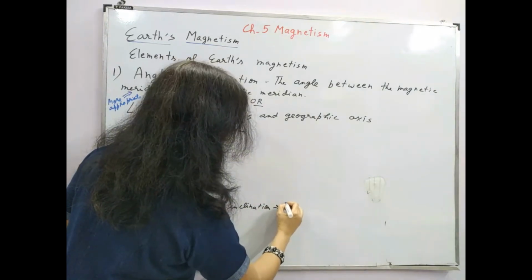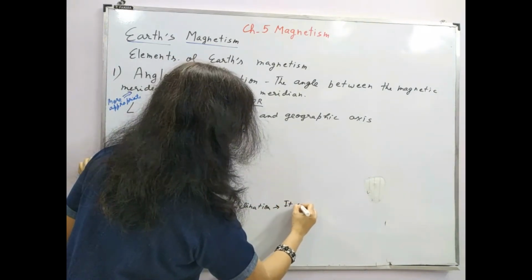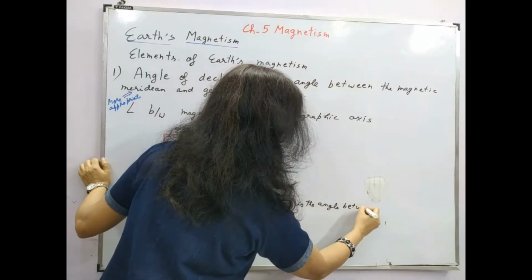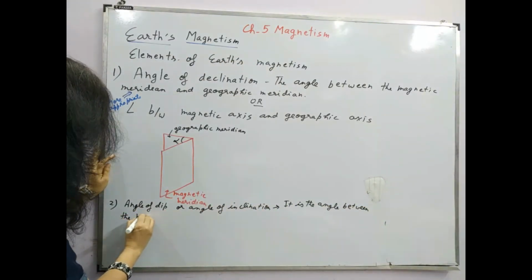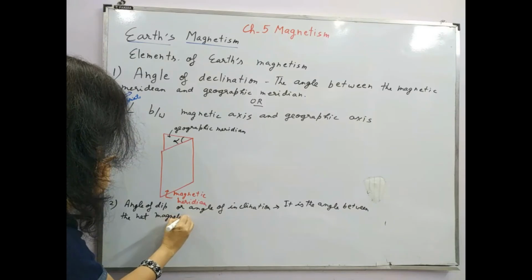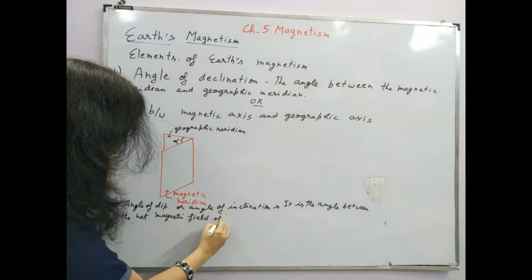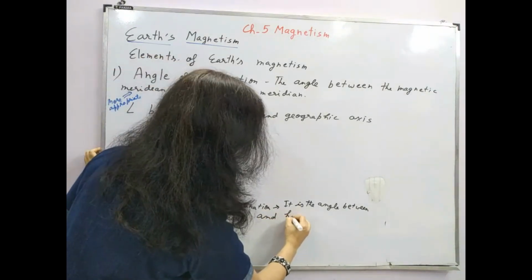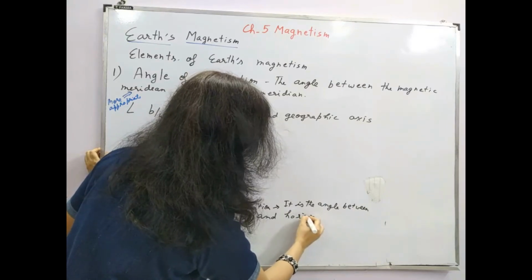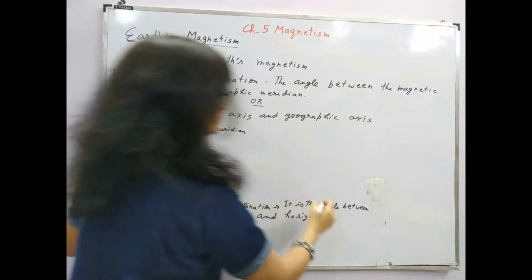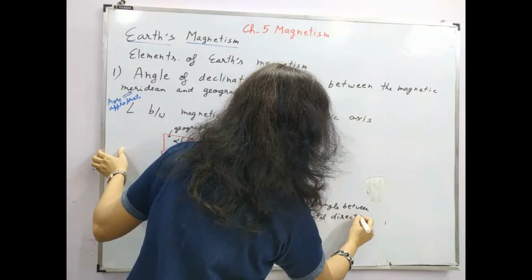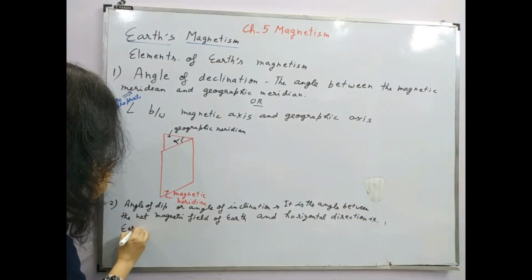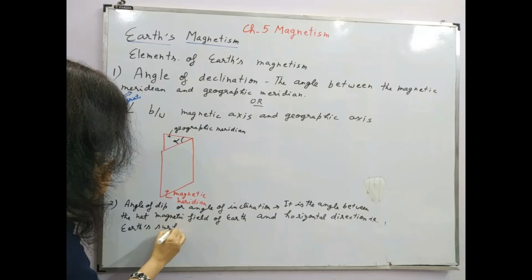So this is the angle between the net magnetic field of earth and the horizontal direction, that is earth's surface.